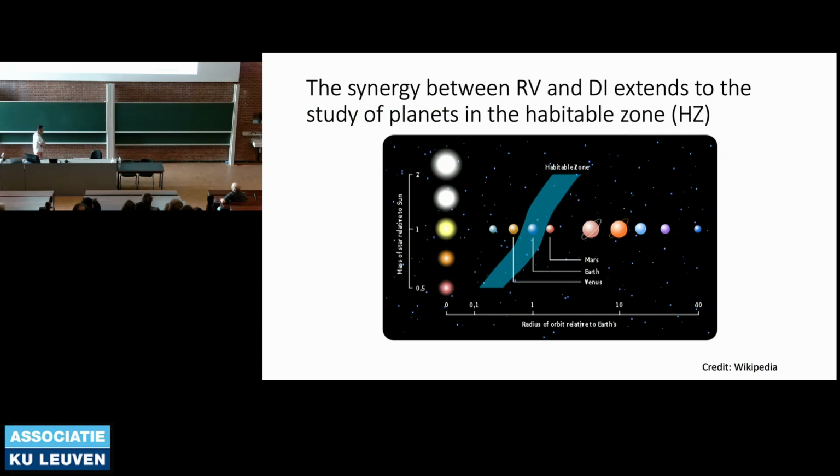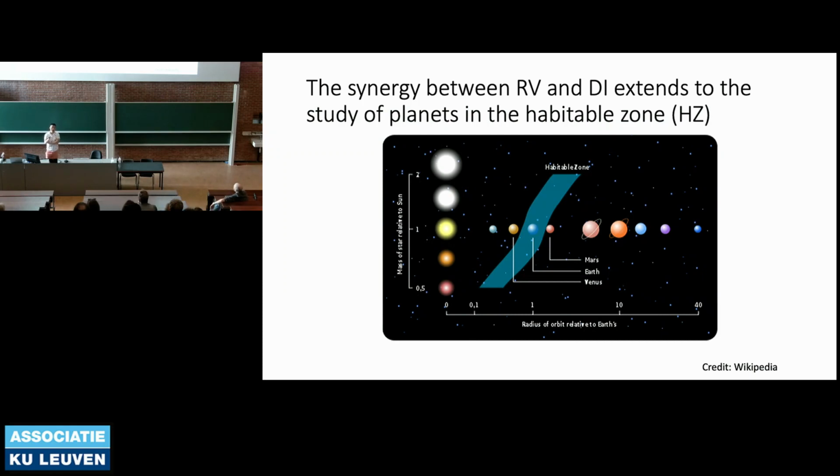Because the synergy between radial velocity and direct imaging also extends to the study of habitable planets. The reason is that planets around stars of different masses have habitable zones that change as a function of stellar mass. For solar-type stars, the habitable zone is around 1 AU, and for M stars, the habitable zone is around 0.1 AU.